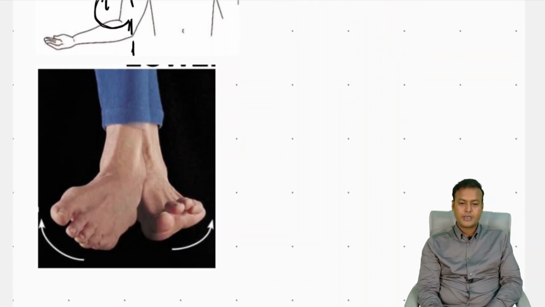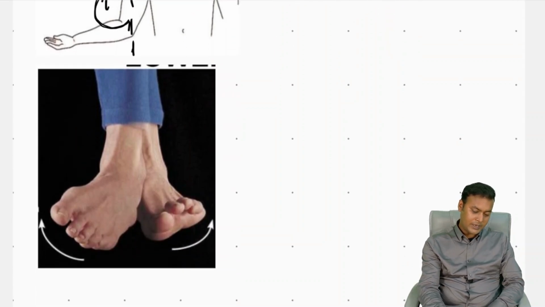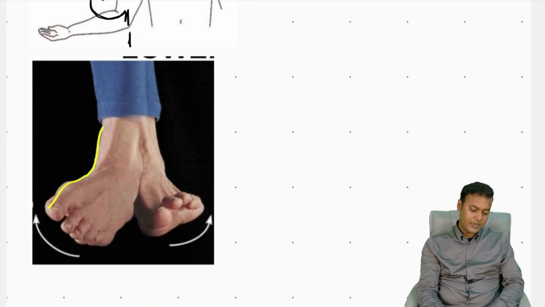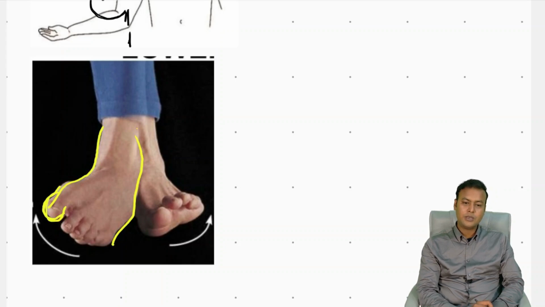Now students, can you identify this movement? Well, on this side you have the medial border of your foot, and on this side you have the lateral border. How do you identify the medial border? The big toe is on the medial end.